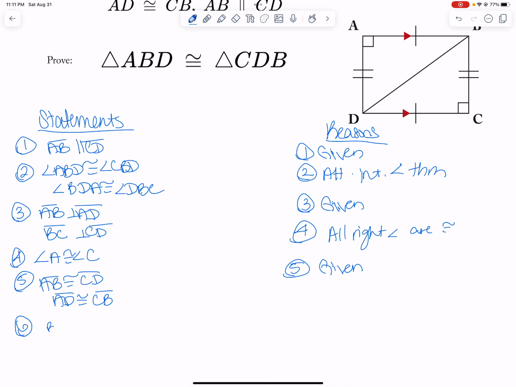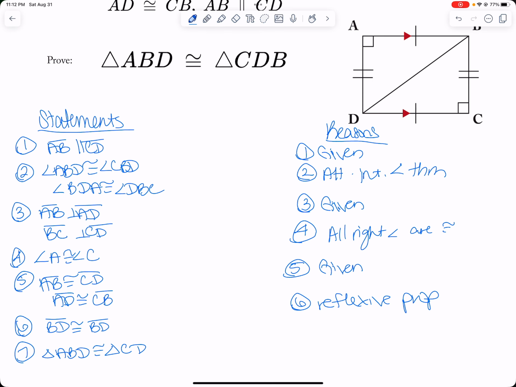BD is congruent to itself, and that is reflexive. And then triangle ABD is congruent to triangle CDB by CPCTC. Okay, and that is it for this lesson.